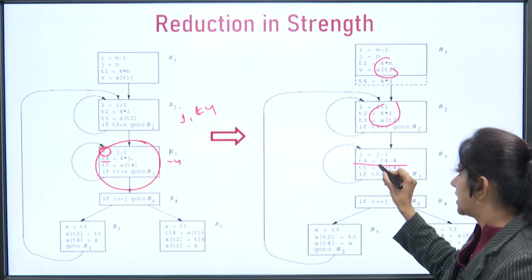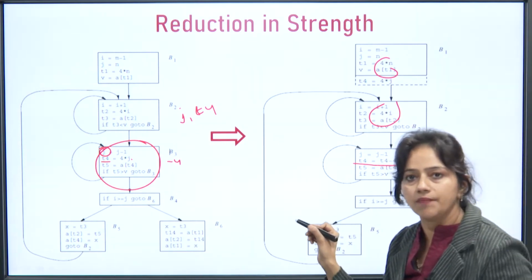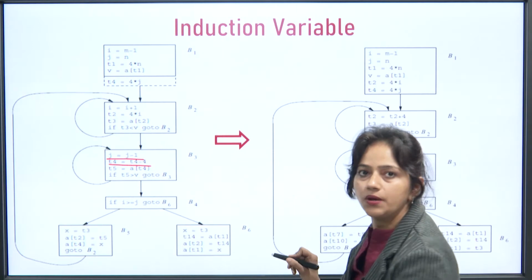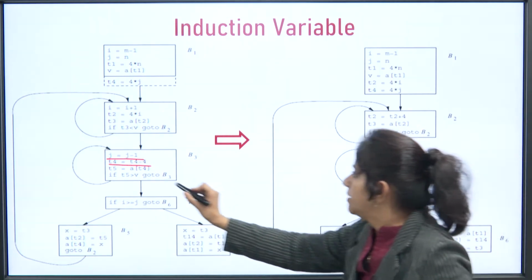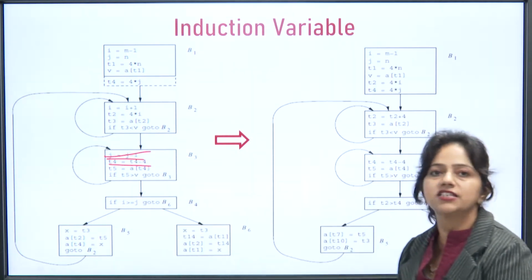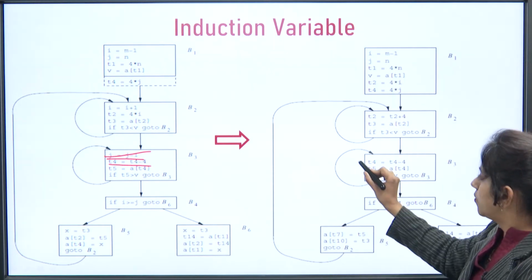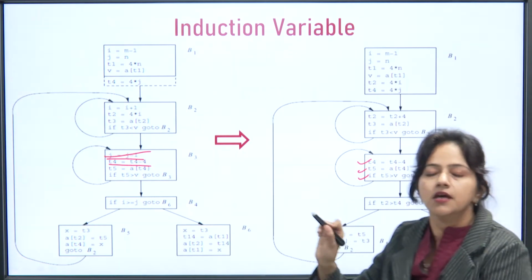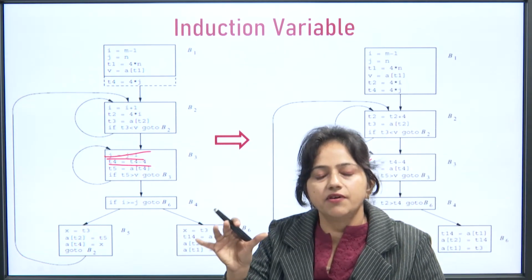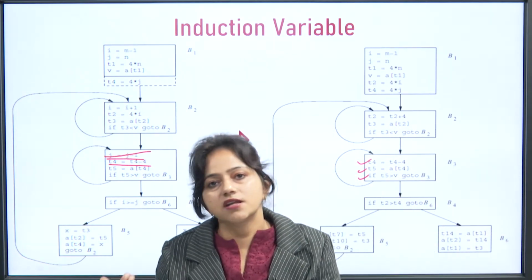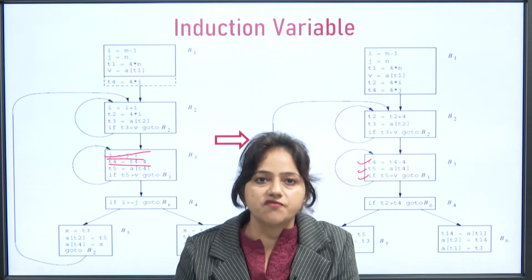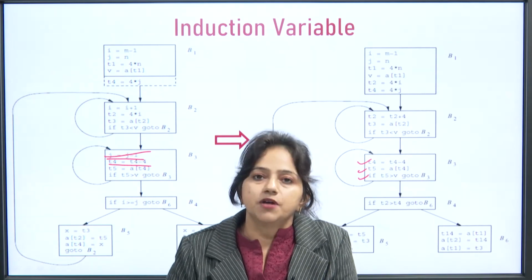Now we write T4 in terms of T4 only. So, we can eliminate j is equal to j minus 1 from here. We can write only T is equal to T minus 4 and then the remaining two statements. Whenever we do reduction in strength, sometimes we will find that we are able to remove the induction variable. So, this is the concept of induction variable.